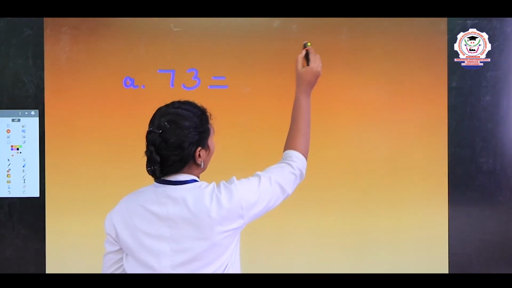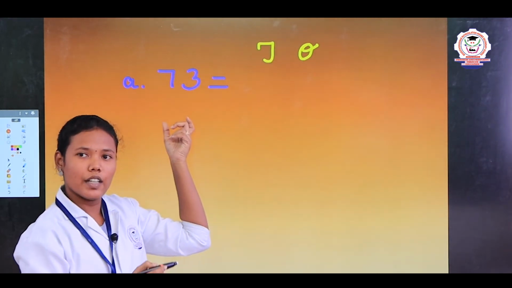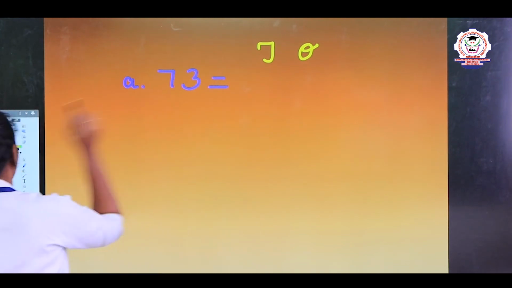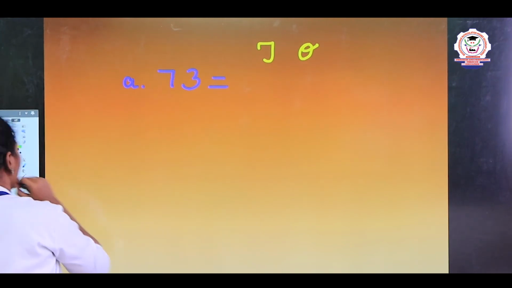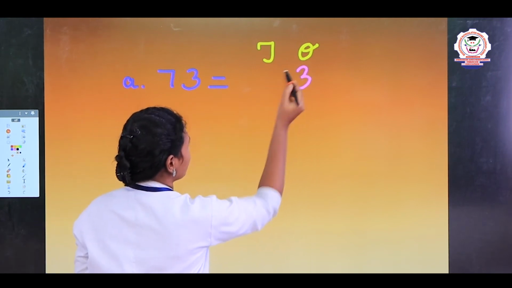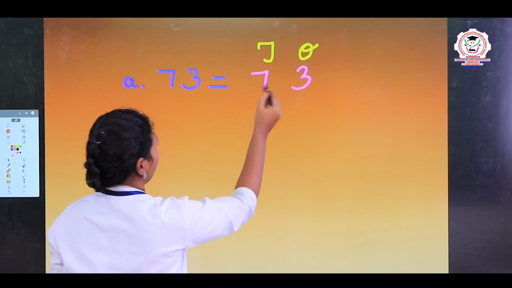As it is a 2 digit number, we write ones and tens. What will be the ones in this place? Ones is 3. Very good. And tens is 7.